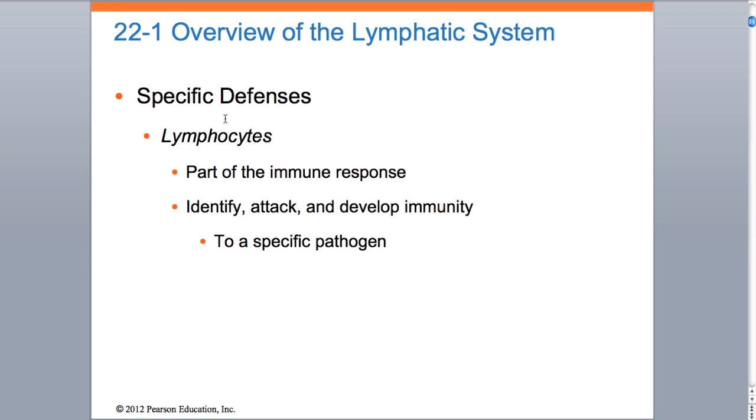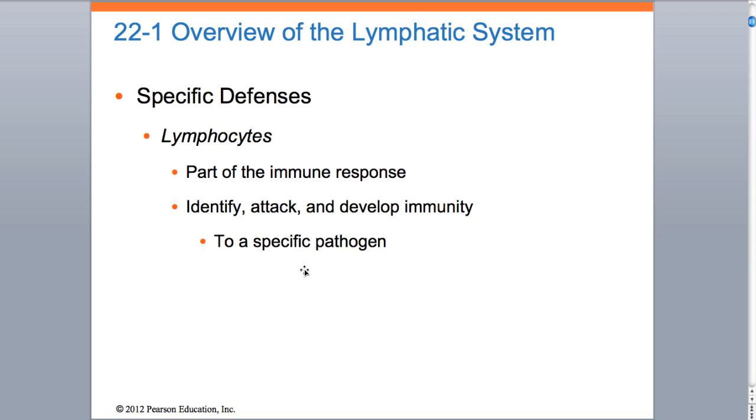That means they go after a very specific pathogen. The slide says it well here. So anytime you see a specific defense, it is going after a specific pathogen. Levels 1 and 2 are non-specific. They're basically just generic germ fighters that go out and hunt for stuff that looks foreign.